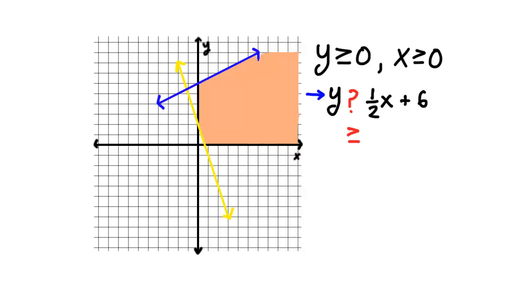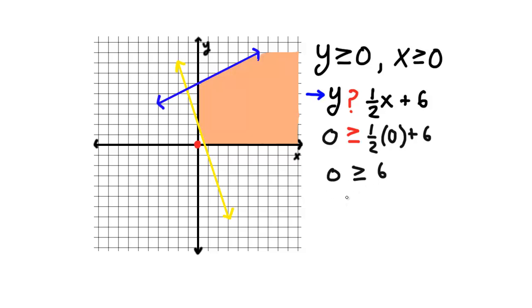So let's see. Let's plug in our test point, which is right here. And let's do out the math here. So let's plug in 0 for y and 0 for x. So we're left with 0 is greater or equal to 6.